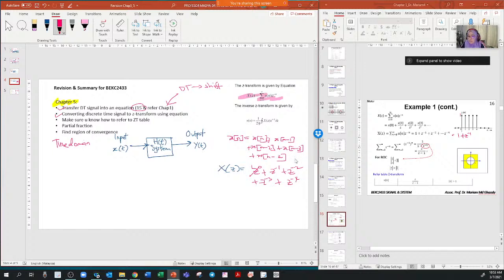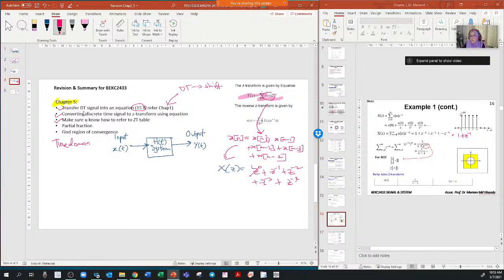This is how you convert it using this equation. The x[n] value is the amplitude, and then minus n is whatever shifting you have, so minus 1 and so on. So this is how you need to understand how to convert that.